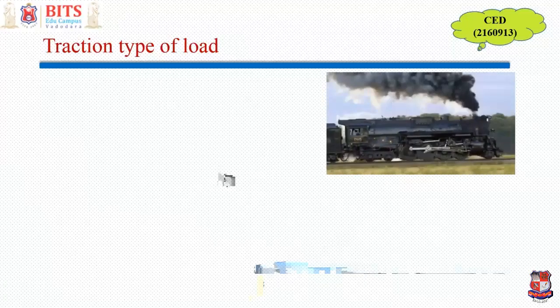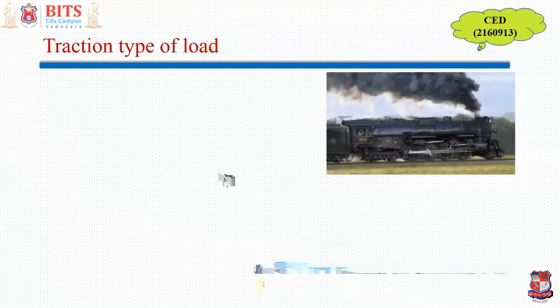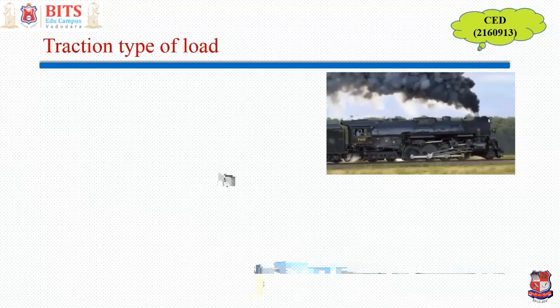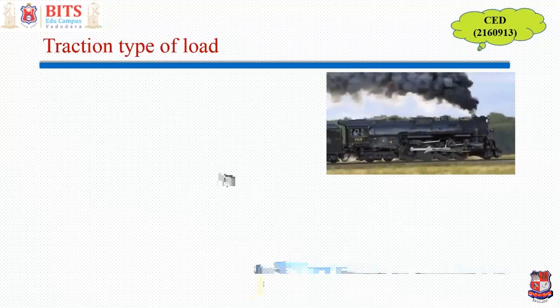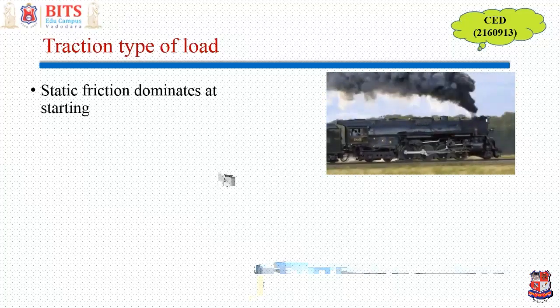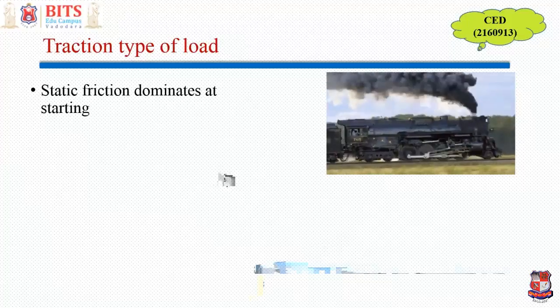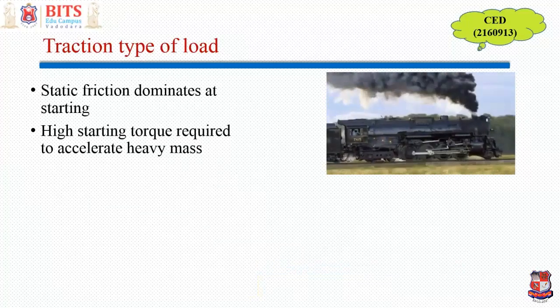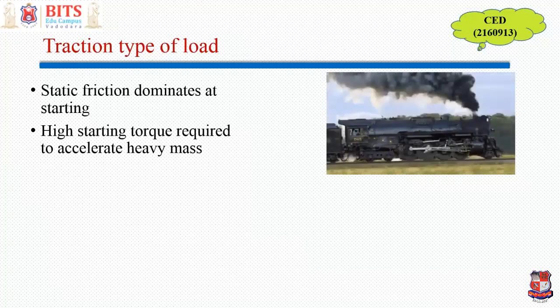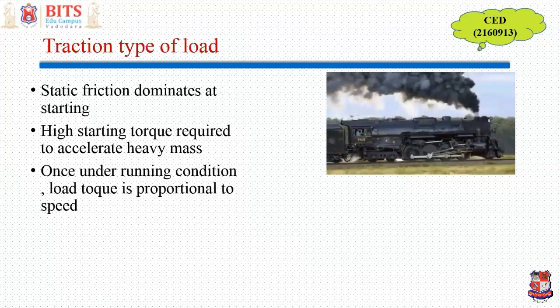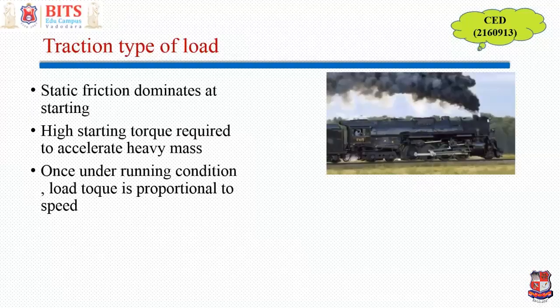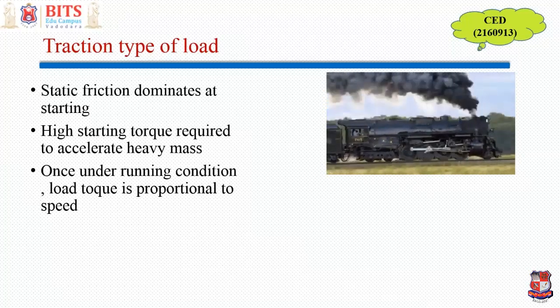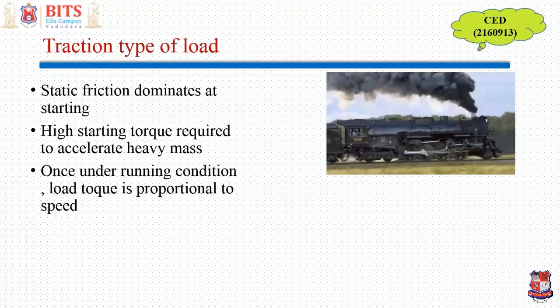And this is a traction type of load where a huge number of heavy bogies are propelled. So here static friction is dominant because contact area is there, weight is very, very large. High starting torque is required because it is having a high static friction. And once under running condition, load torque is proportional to speed because now motion is there. So it is proportional to speed, and windage, dynamic friction is predominant, right?